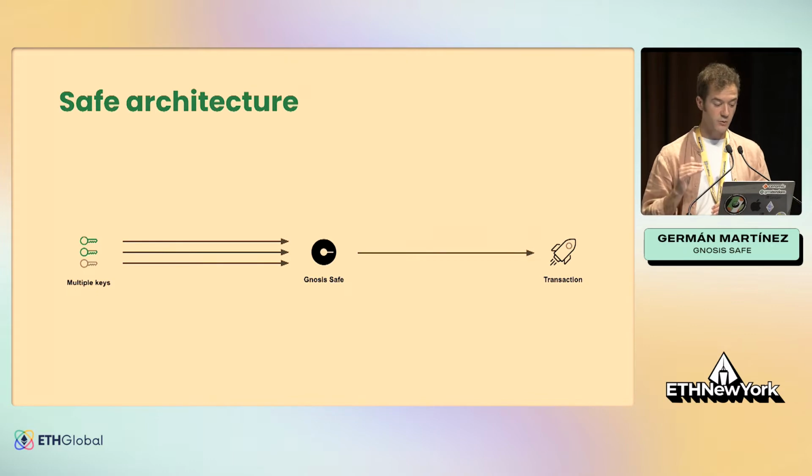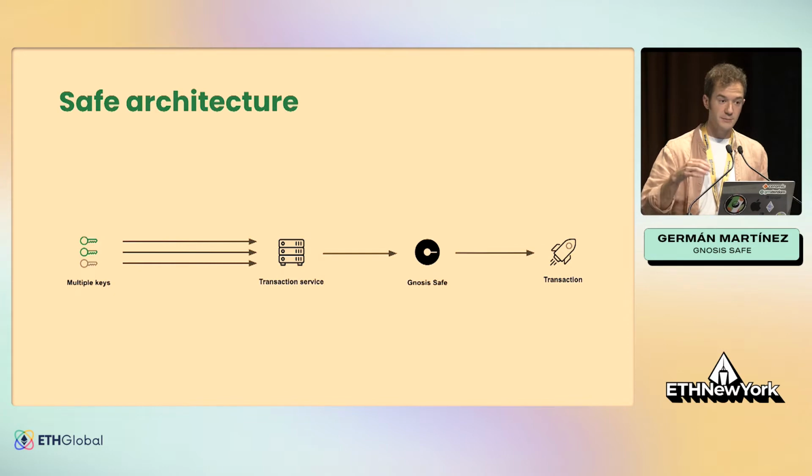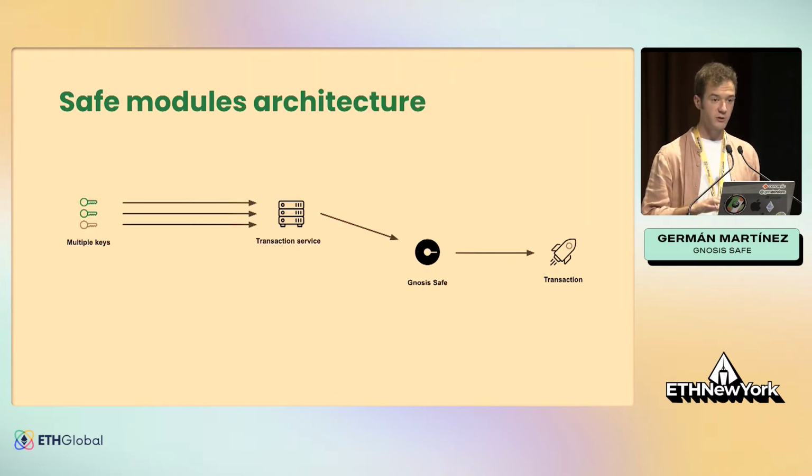We can define how many of them are required to sign each transaction, and after that, they become executable. That happens on-chain. We also have some services that allow us to collect the signatures off-chain, and once we have the transaction and the signatures, we can just call the contract once to afford some gas and make the user experience easier. So this is the regular flow of a transaction execution where signers need to sign each transaction.